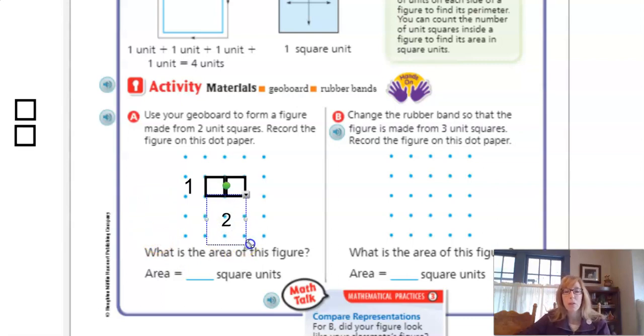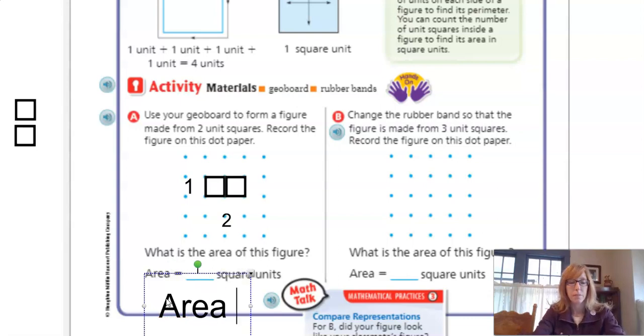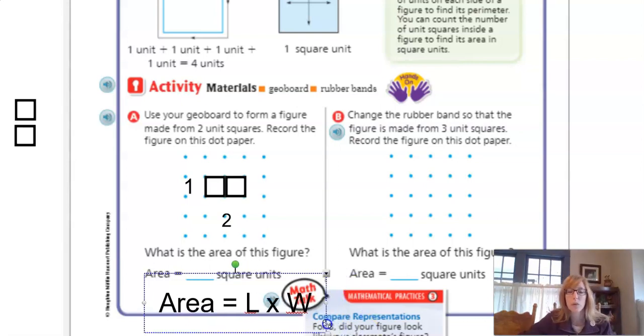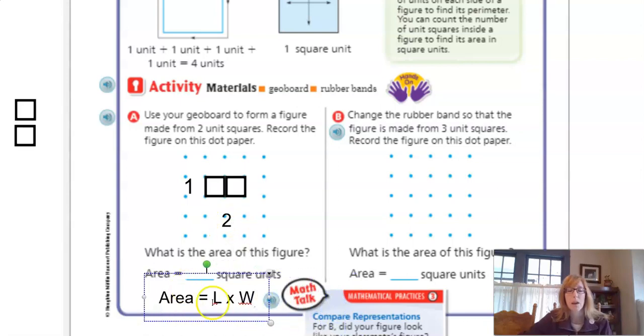So if you think about it, and we do the formula, area equals length times width, and we multiply 1 times 4. Oh, I'm sorry, 1 times 2. I apologize. 1 times 2. So then we count up 1, 2.